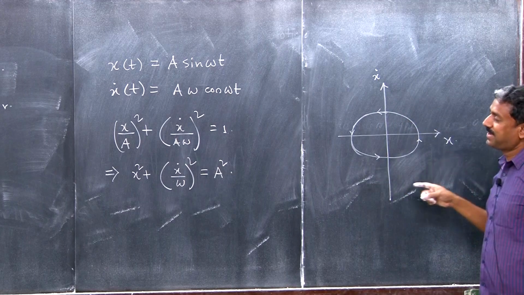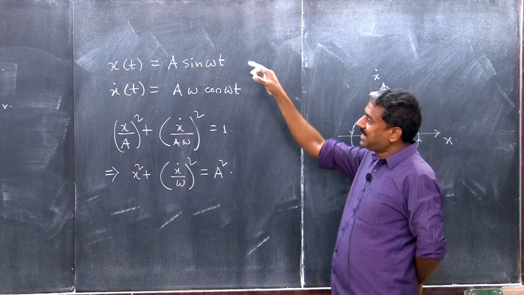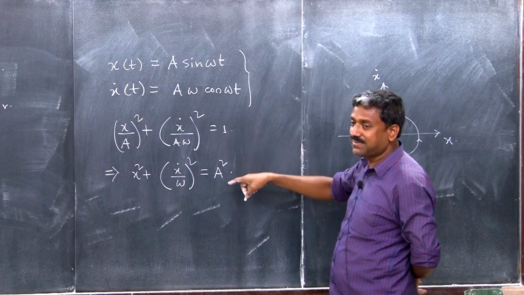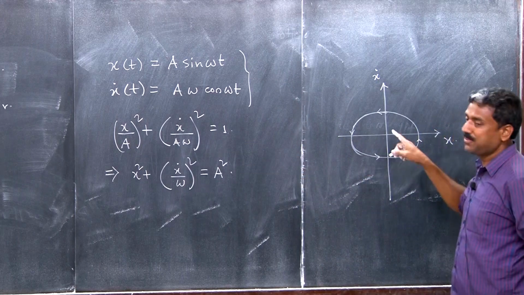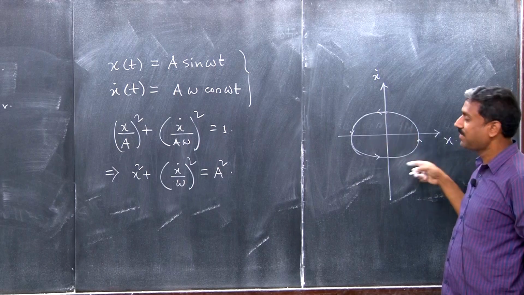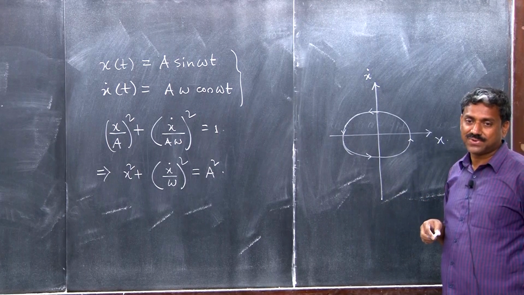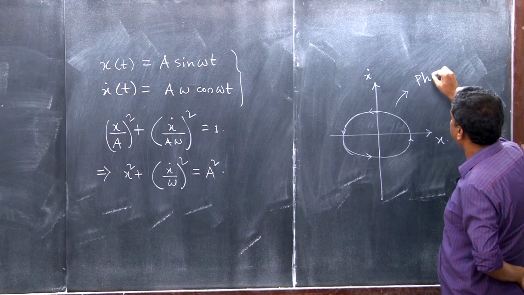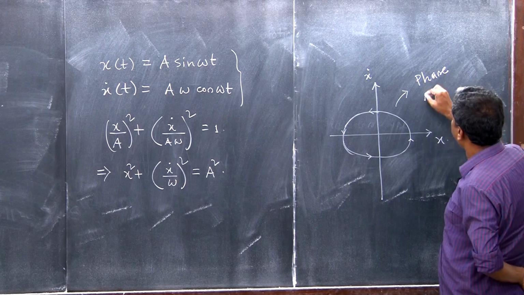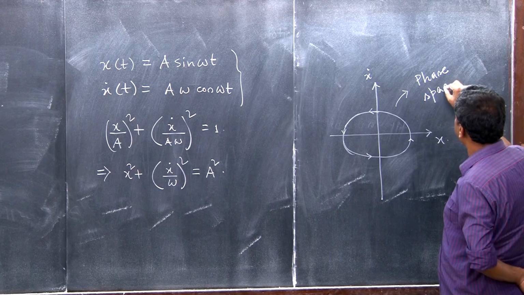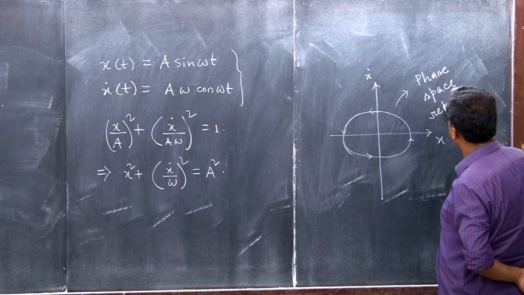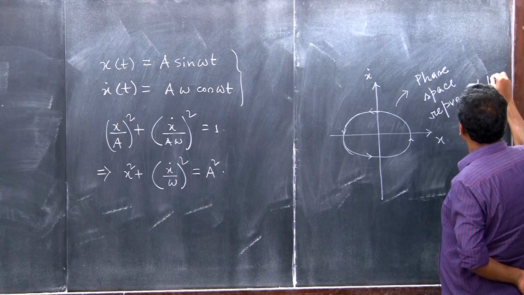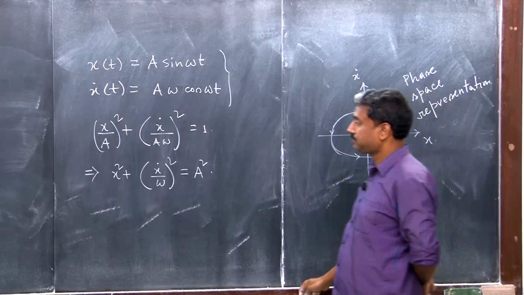Although there is time variation, when I do this representation I am essentially plotting these two state variables, and they form a kind of ellipse structure, right. This is called phase space representation.